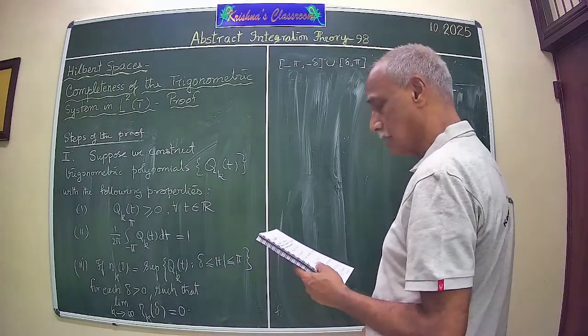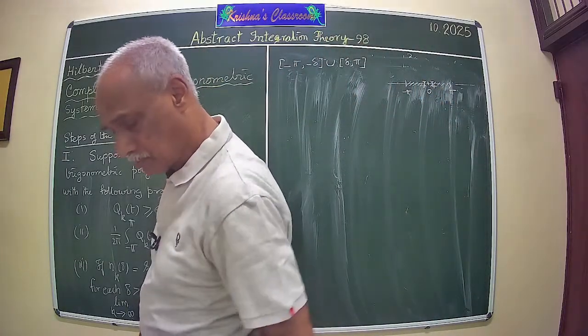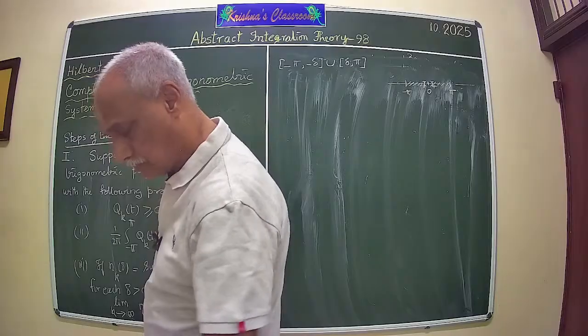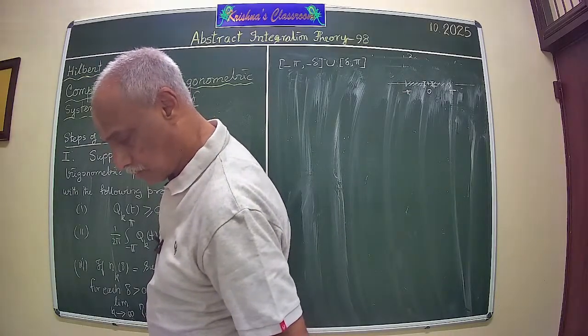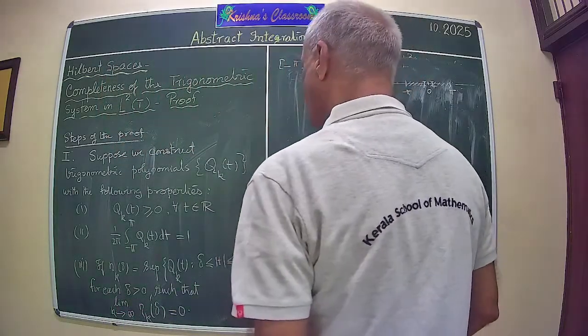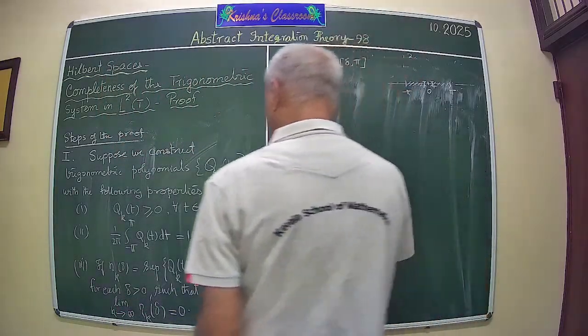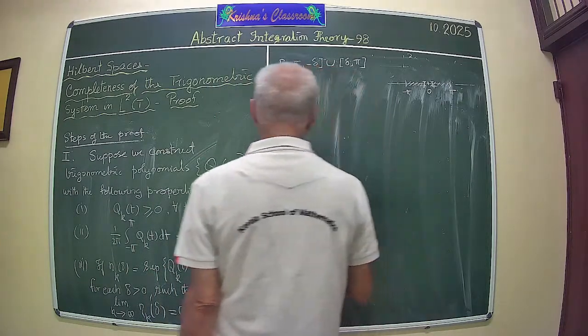Such that, this is what you prove, that is eta k delta.